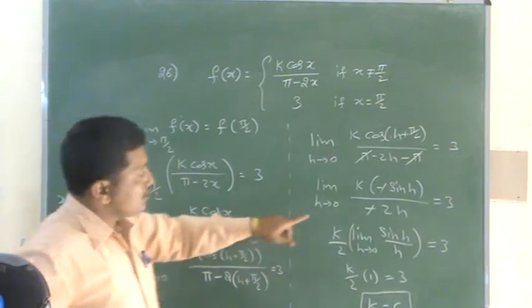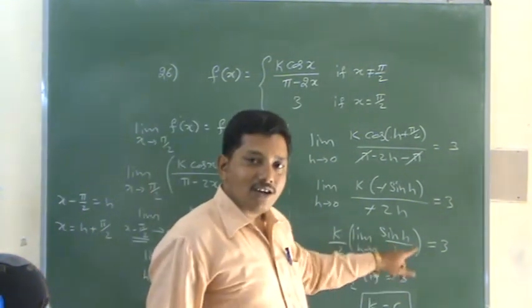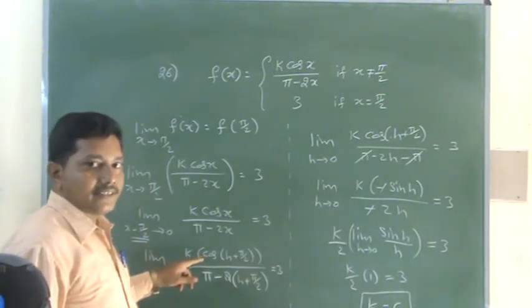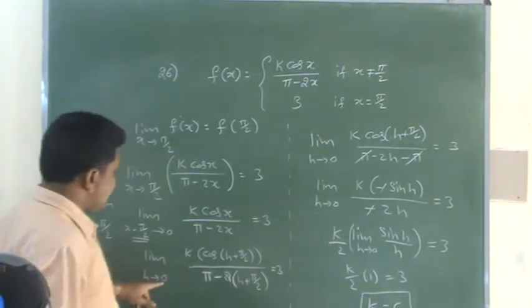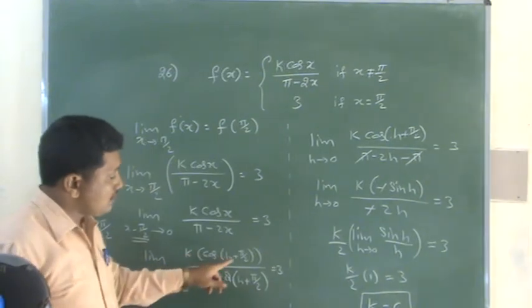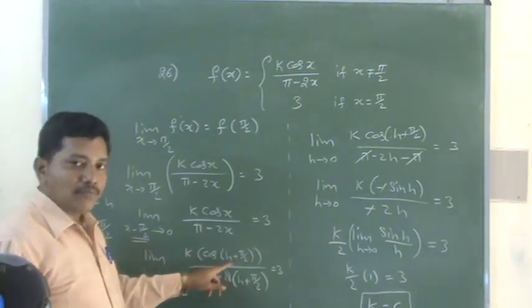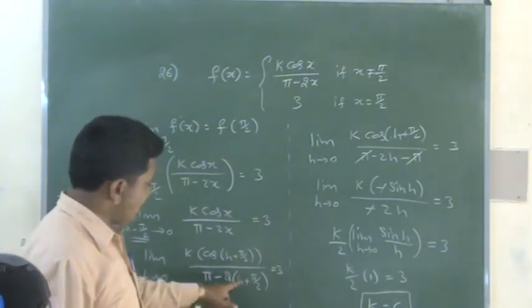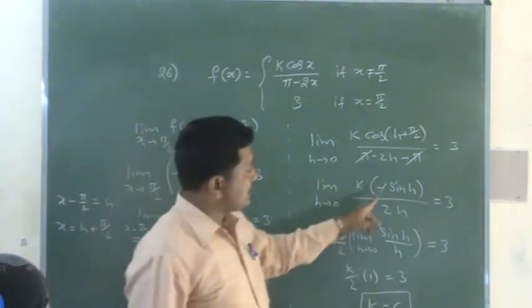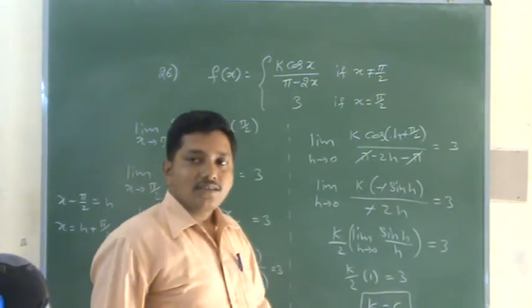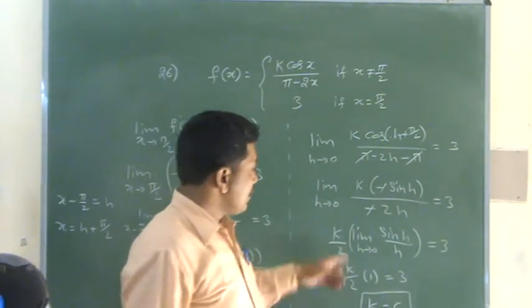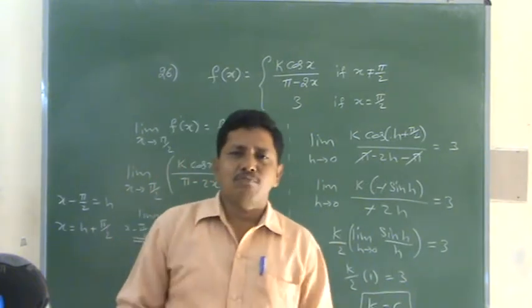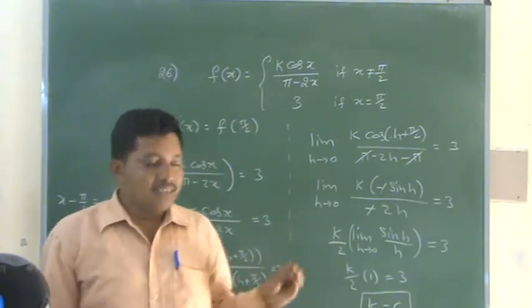That means here I want to get this formula. For that reason, there is a simplification. Please observe that point. So therefore, limit h tends to 0, k into cos of pi by 2 plus h, which is minus sin h, and the denominator simplifies to minus 2h. Minus minus cancels. Sin h by h is equal to 1. k by 2 is equal to 3, k is equal to 6. Exactly, it is a very, very important problem and a number of times they are given.